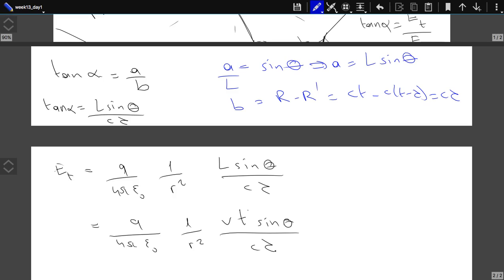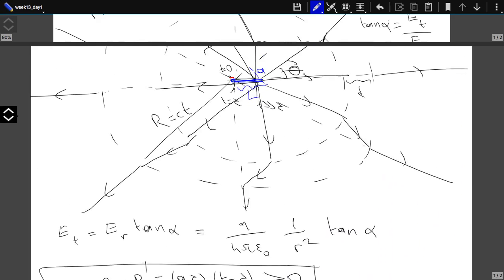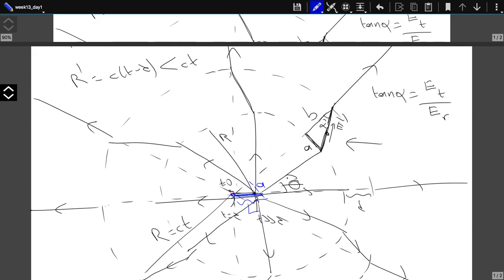You see, v is the velocity, the speed of my object. Tau is the time in which it accelerates up to this speed v. So v over tau is nothing but the acceleration. Well, we are looking at the point R. We are considering the tangential electric field at this point, at a distance r from whichever you would like to call the origin.